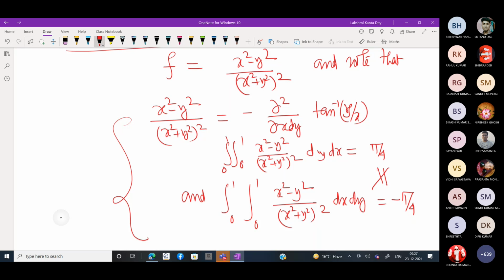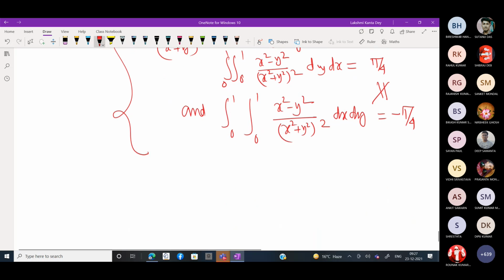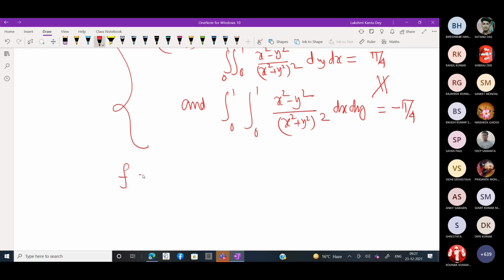So we can tell that this f, f is equal to (x square minus y square) by (x square plus y square) whole square, is not integrable on this rectangle R.